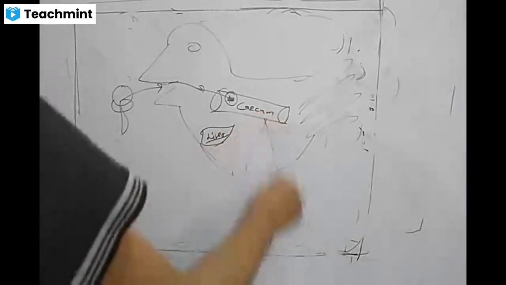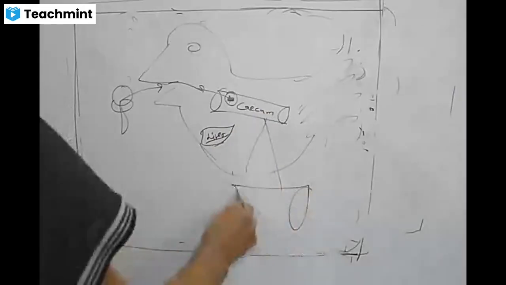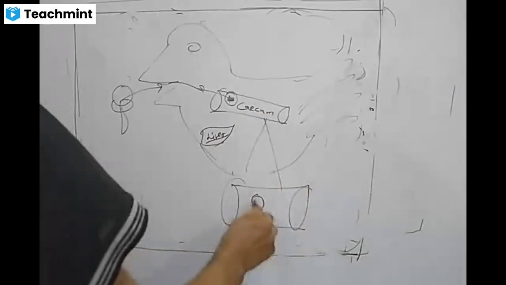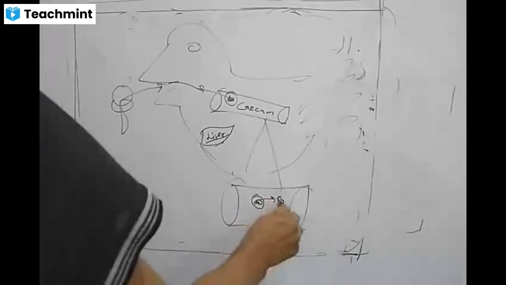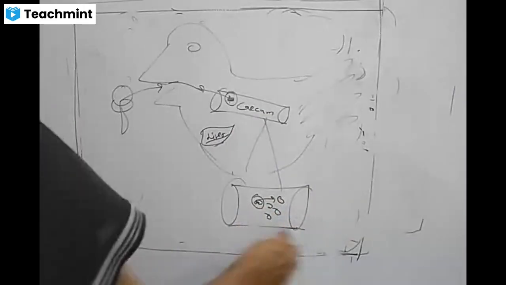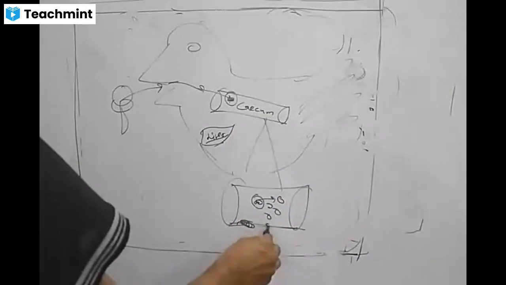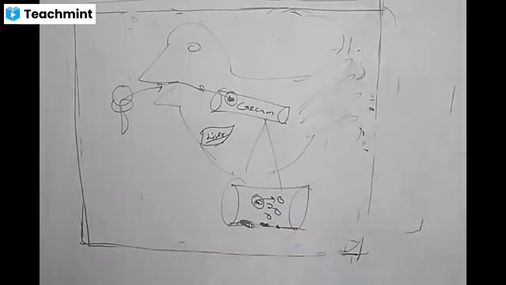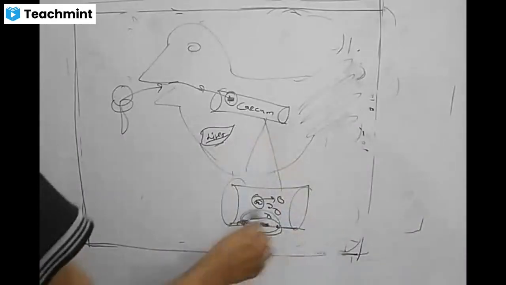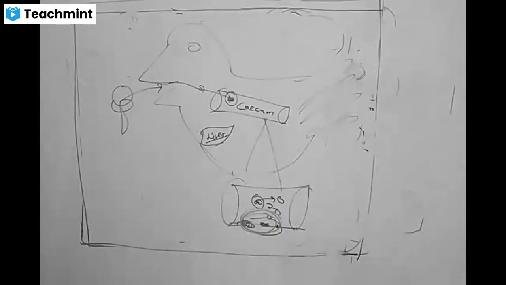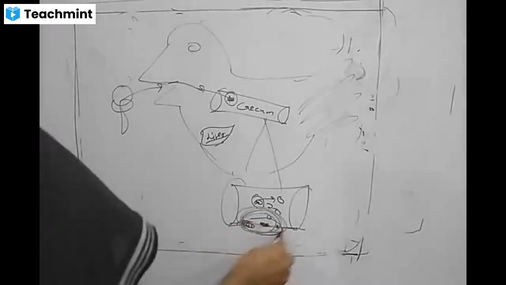If we bring this cecum outside, suppose this is the cecum and this is the Histomonas. The protozoa multiply and start damaging and form some pinpoint ulcers. Initially, it forms pinpoint ulcers. Later on, these ulcers coalesce, fuse, and lead to large ulcers.